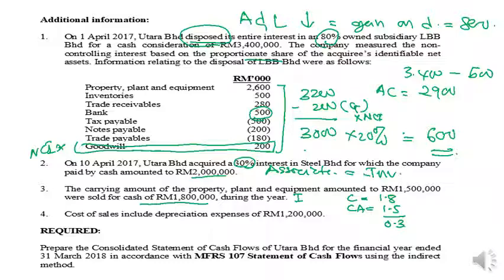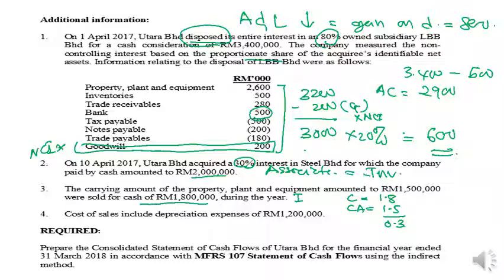But from that 3,200, you need to minus 200 because the goodwill is not for NCI. So the net identifiable assets for NCI will be 3,000. NCI portion here is 20%, so you multiply with this figure and you get 600. NCI value here is 600, which increases the NCI amount.